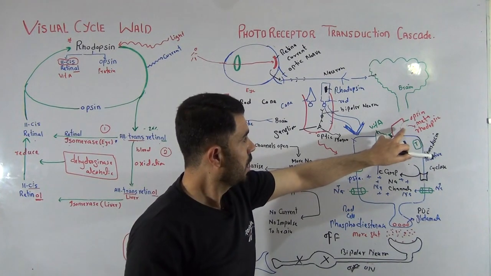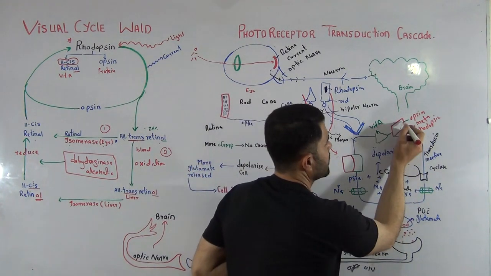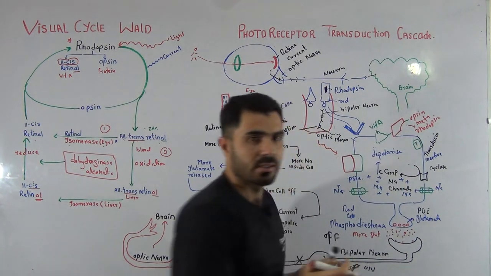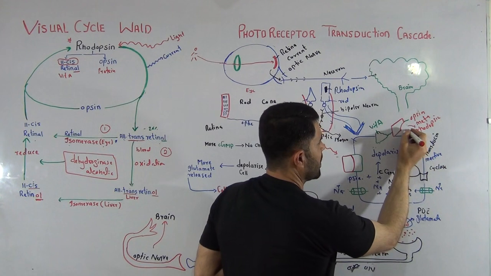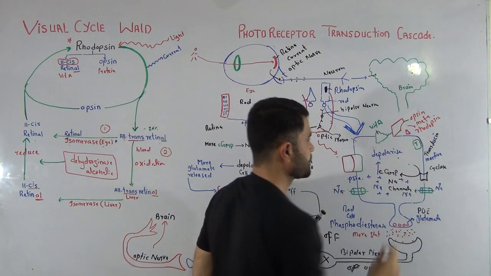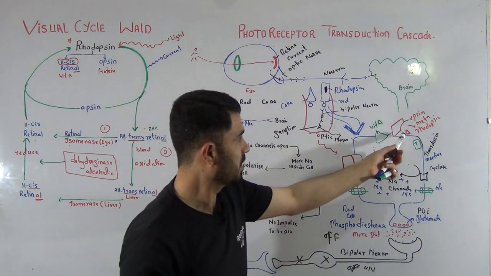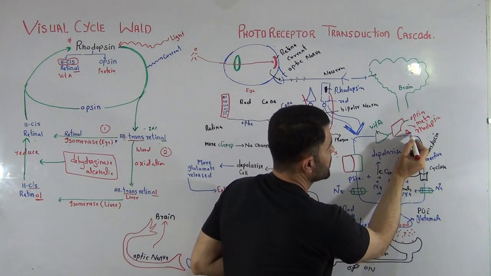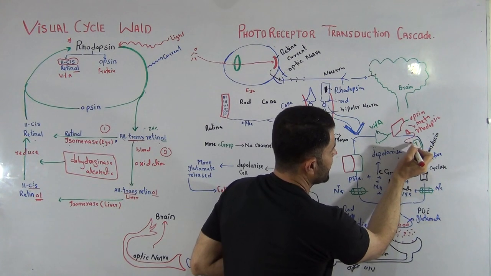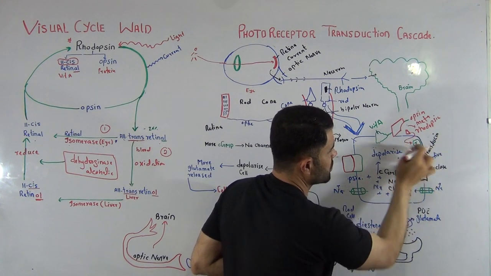Meta-rhodopsin will remove a very small segment from itself. A small segment will detach and come and attach here with transducin.